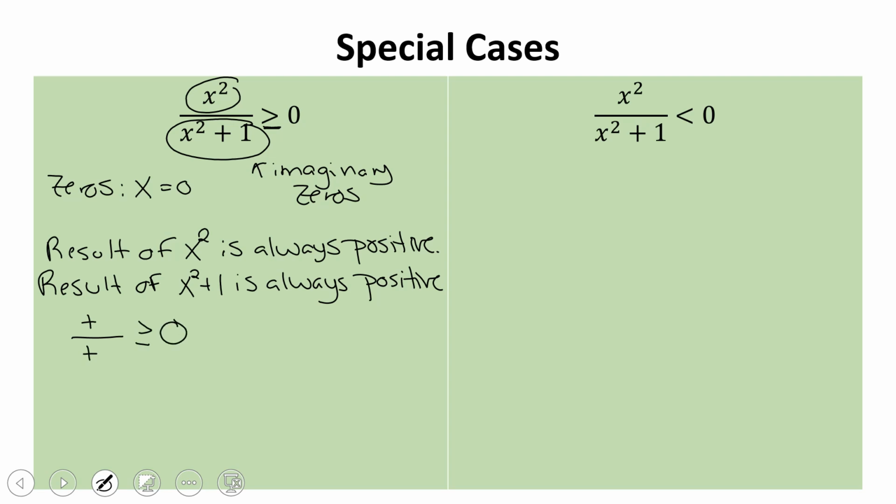This is always going to be true. Any positive number is always going to be greater than or equal to 0. So in this case, this is an all real numbers situation. And in interval notation, we would notate that as all the numbers from negative infinity up to positive infinity.